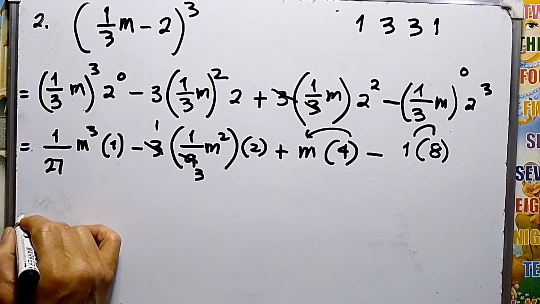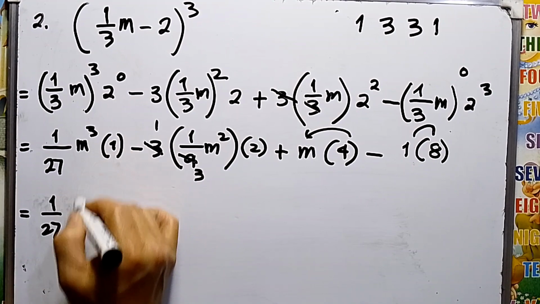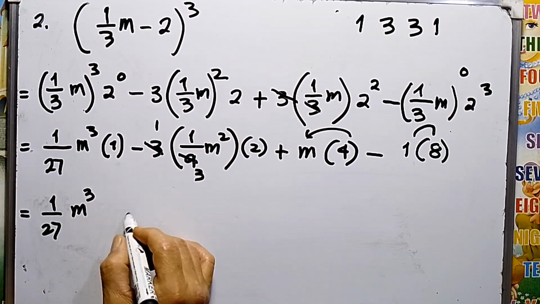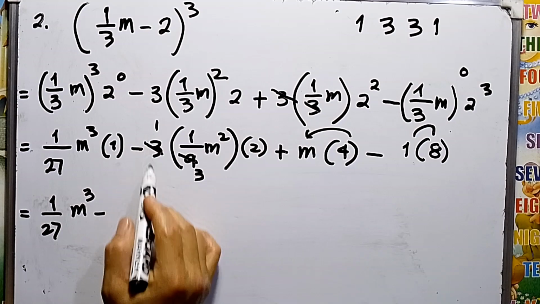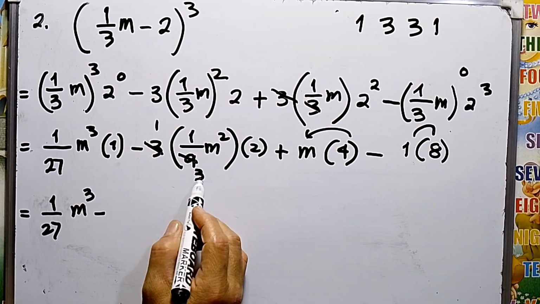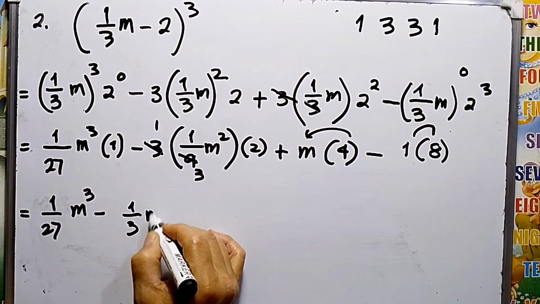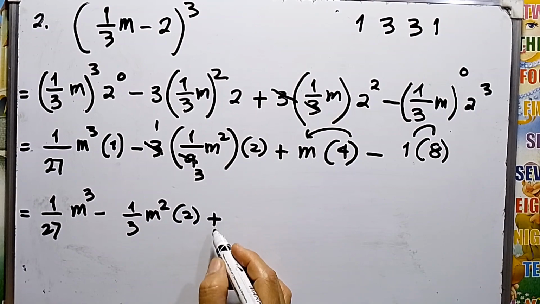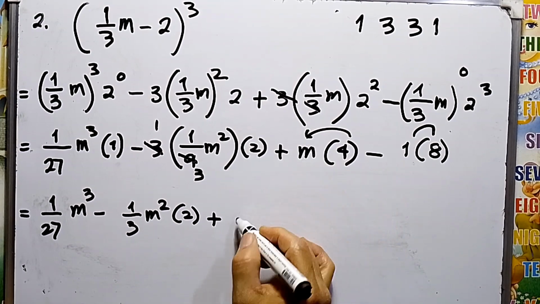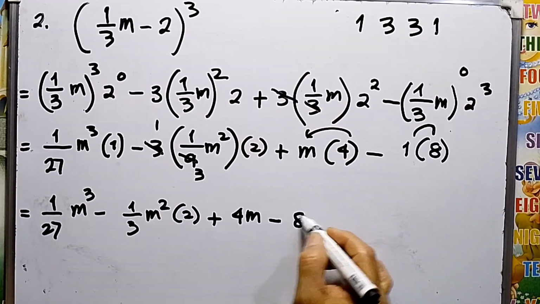Okay, this will be 1 over 27 m cubed times 1 is m cubed, minus 3 divided by 3, that will be 1. 9 divided by 3 is 3. So this will be 1/3 m squared times 2, plus 4 times m, that will be 4m, minus 1 times 8 is 8.